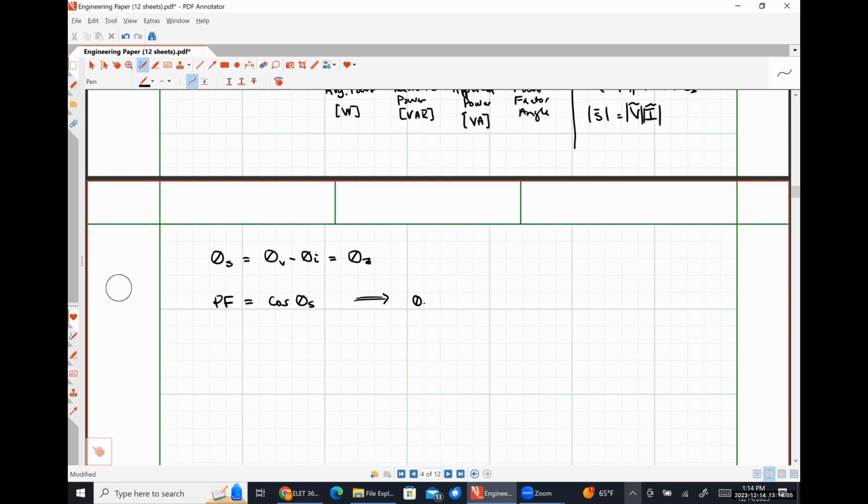Then theta S is going to be equal to the inverse cosine of our power factor, which for us is going to be the inverse cosine of 0.9, if I wrote things down correctly, yes. So the inverse cosine of 0.9 is 25.842 degrees.